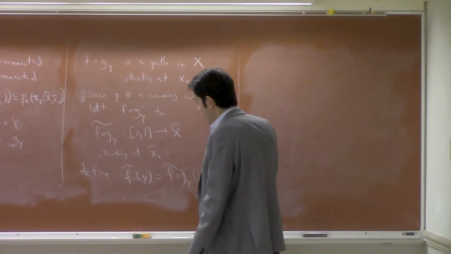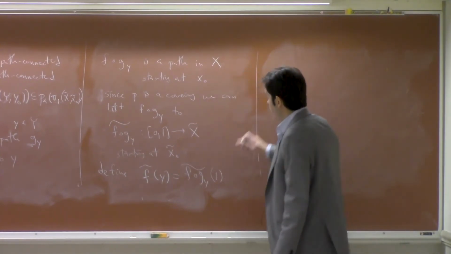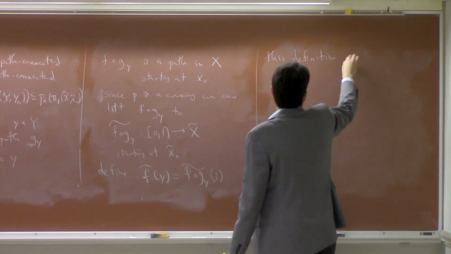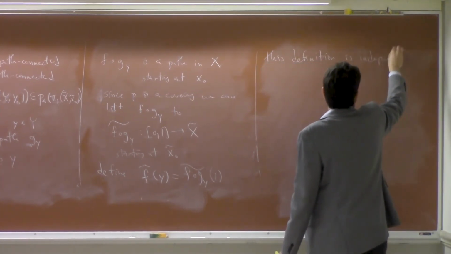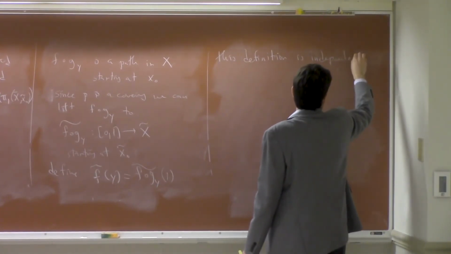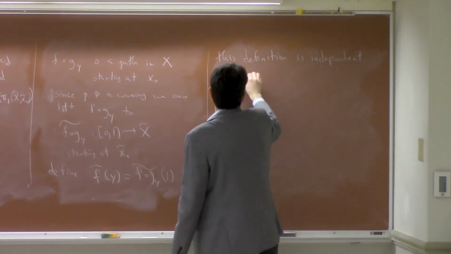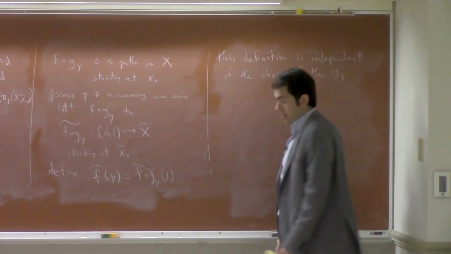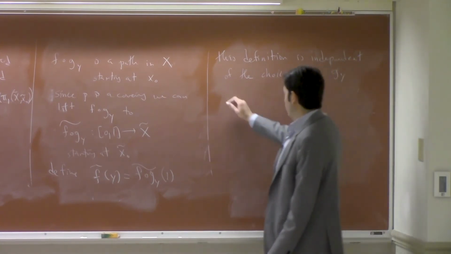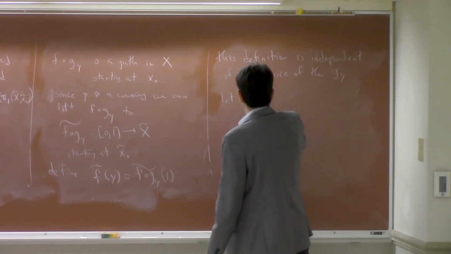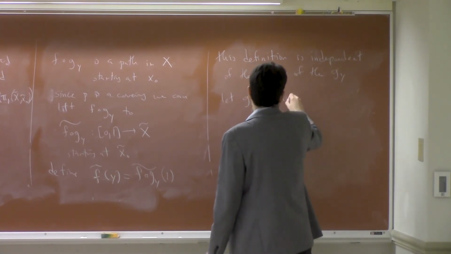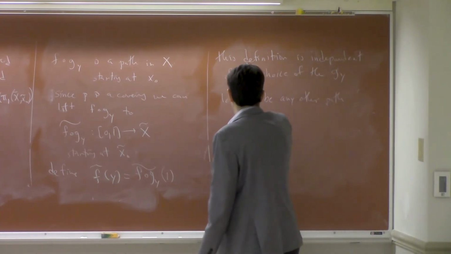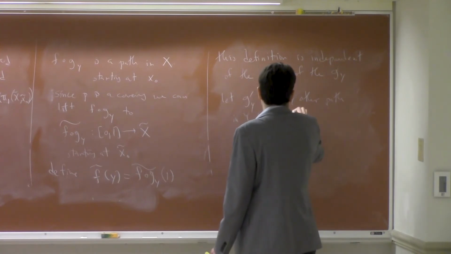Okay, so the first thing we want to point out is that this definition is independent of the choice of the paths gy. So let g prime y be any other path in y from y naught to y.